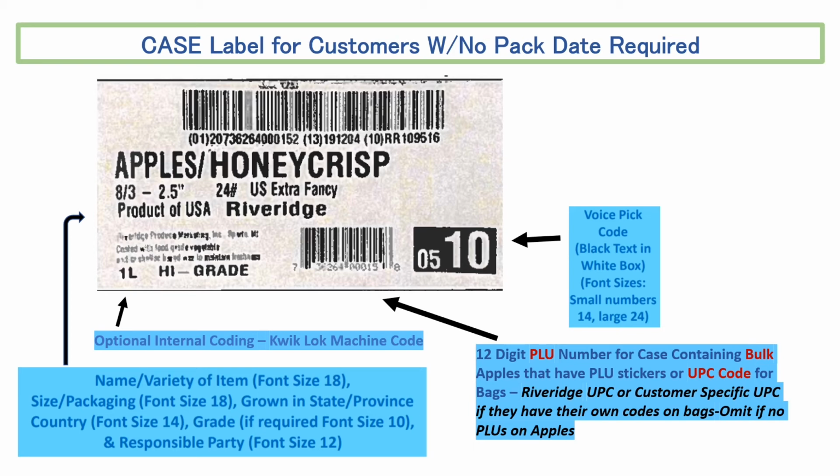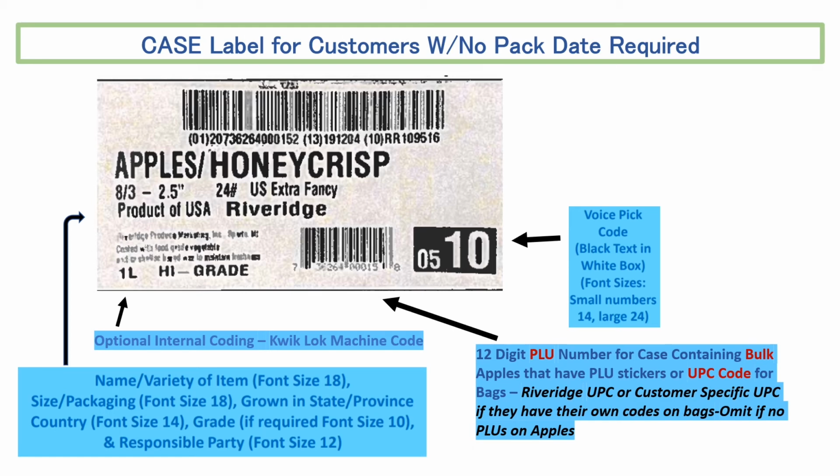But there is one area I do just want to call out, because it's very important, especially now that we have more customers that are having their own specific bags with their own company's UPCs on them and not River Ridge's.